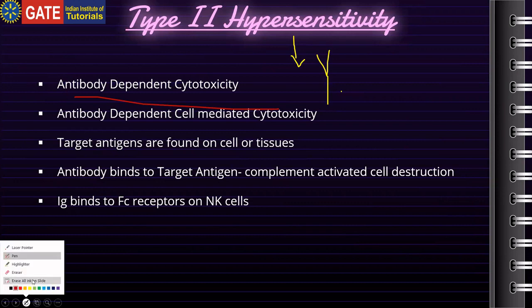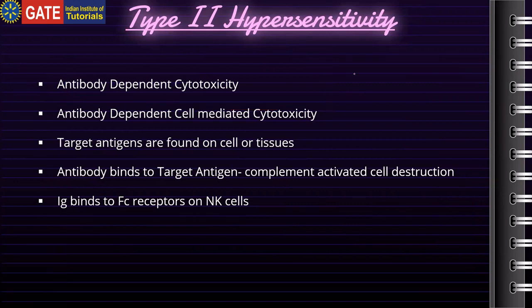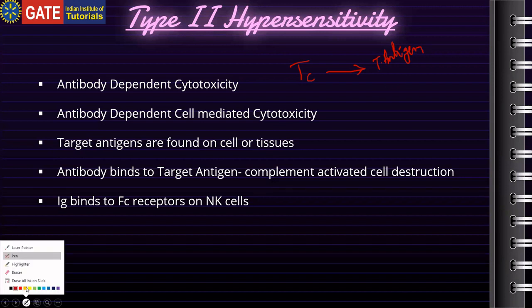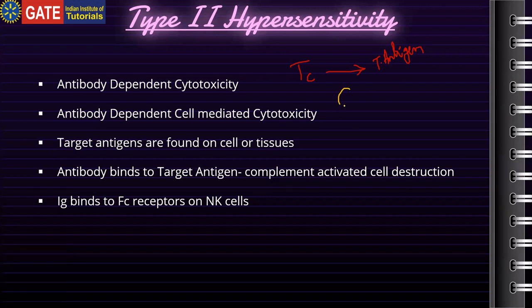So remember, don't get confused. I have already told you, friends, if the cytotoxic T cell wants to show its action, it has to associate with the targeted antigen present on the cell. So what we can remember is that the cytotoxic T cell will show cell mediated cytotoxicity. What will it show? Cell mediated.